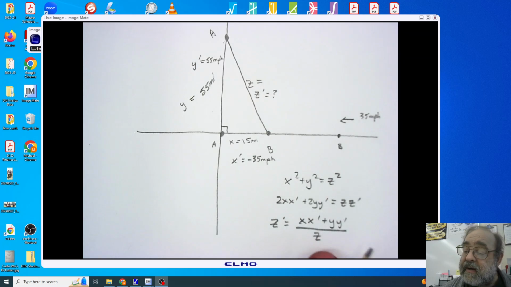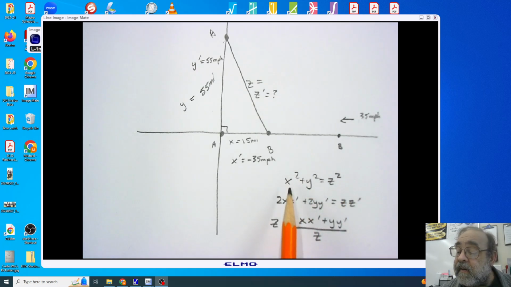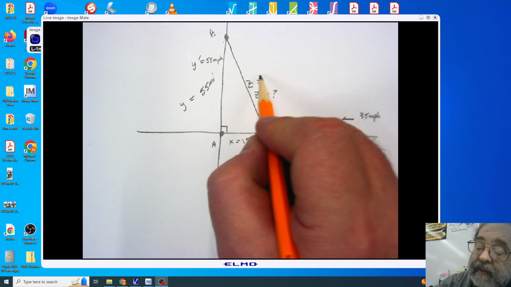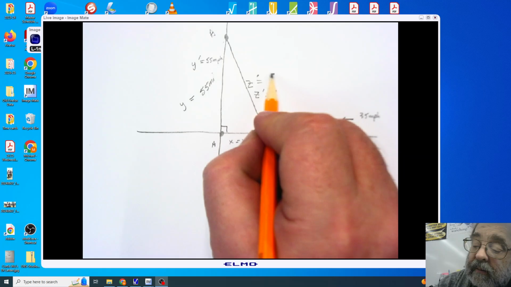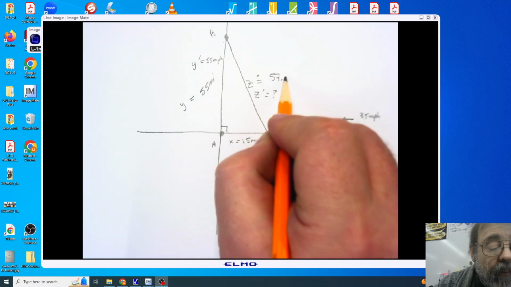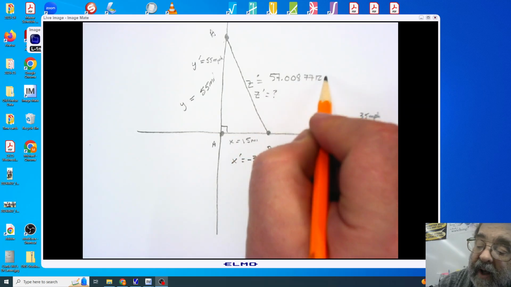And you'll notice I need to find z, and the only way I can do this is with the Pythagorean theorem. The Pythagorean theorem would require me to put in the 15 squared and the 55 squared, and take the square root. I end up finding that z is approximately 57.00877125 miles.